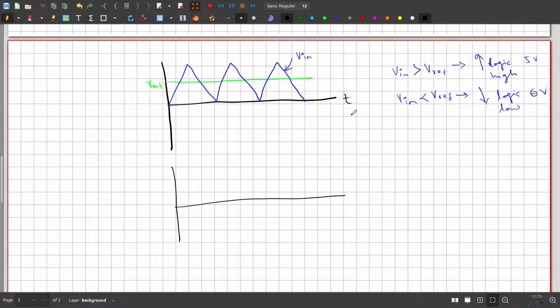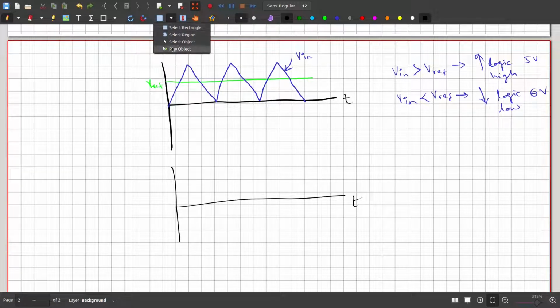So this is the time axis, and here also is the time axis. If we look till this part, our input voltage is less than the reference voltage, therefore it will be a logic low. From here onwards it will be logic high.